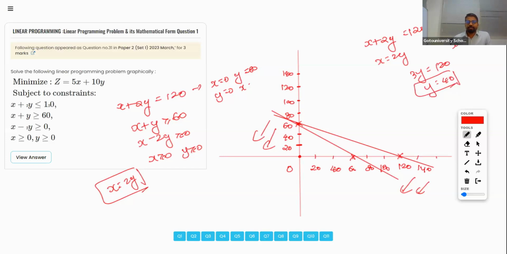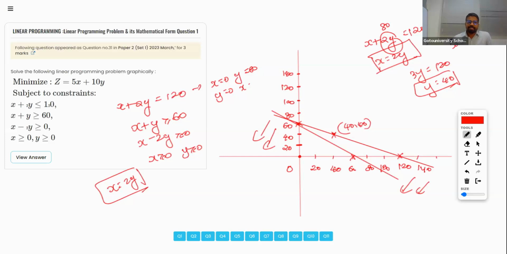Where is 80 and 40? x is equal to 2y, y is equal to 40, so it's going to be 80 and 40. This is the point where it cuts both of them. Yes, this is one line. So 80 and 40. Okay, let's come to that last point.